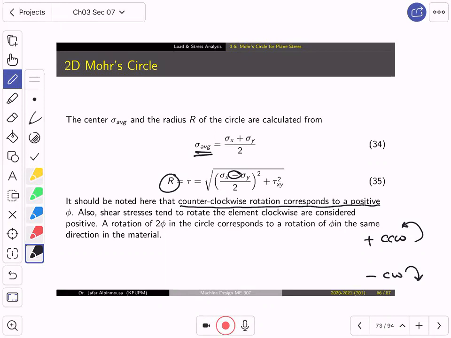Now, why this is important, you will see in a minute, okay? Another important aspect is that a rotation of 2 phi, twice the angle in the circle, corresponds to 1 phi in the material.